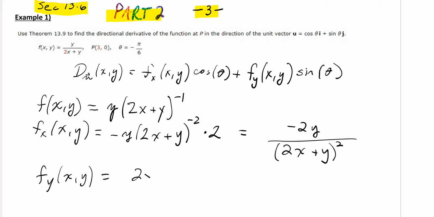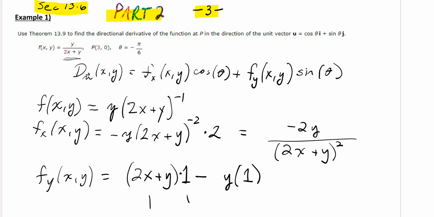Now for the other partial derivative with respect to y of f of xy, we'll use the quotient rule. So we'll have the denominator 2x plus y times the derivative of the numerator with respect to y, which is 1. The numerator is y. Then minus the numerator y times the derivative of the denominator with respect to y. The denominator is 2x plus y, so the derivative of that with respect to y is 1.